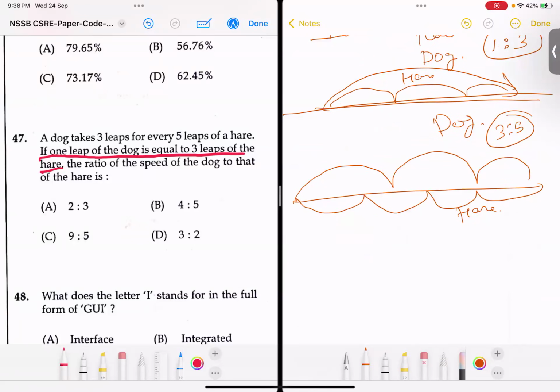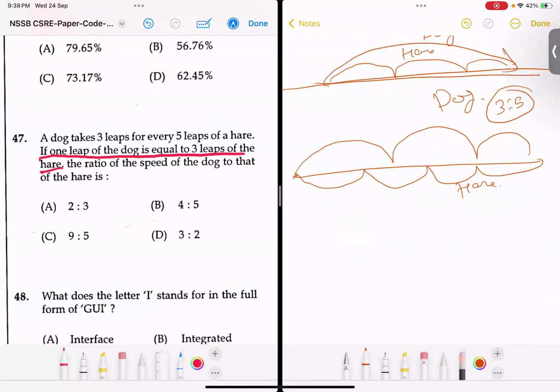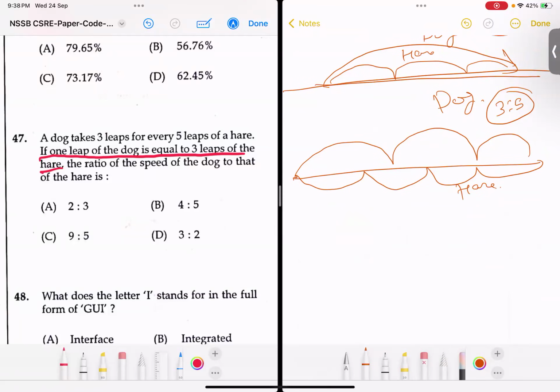Now we have to find the speed in this rate, okay? So every time the dog, no, not every time, but the dog has taken 3 leaps, okay? And in that 3 leaps, the hare has taken 5 leaps, right? But one dog leap is equal to 3 hare leaps, right?